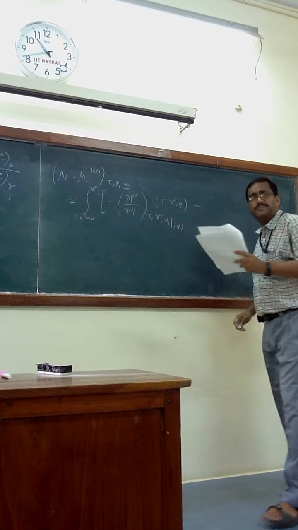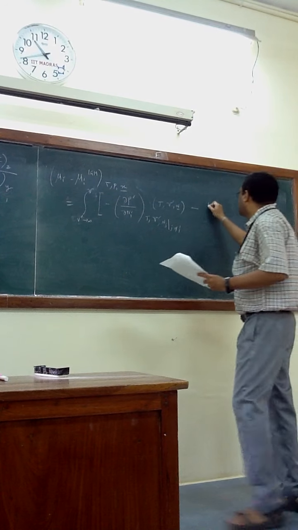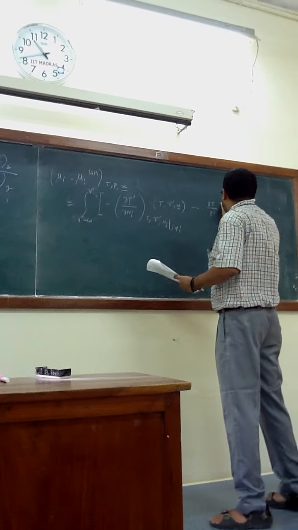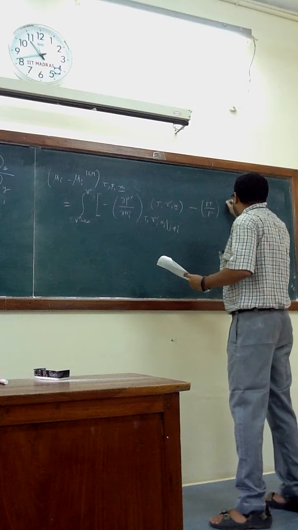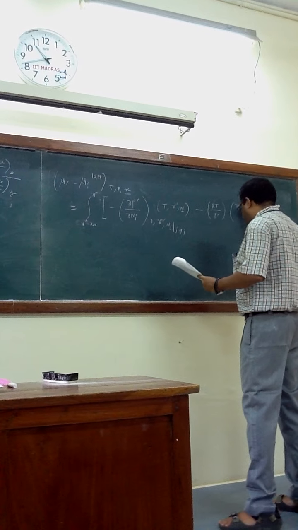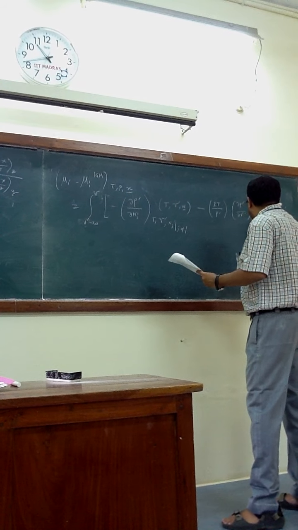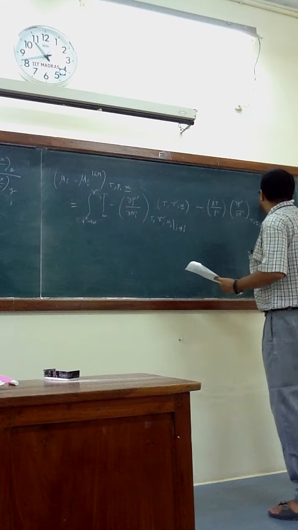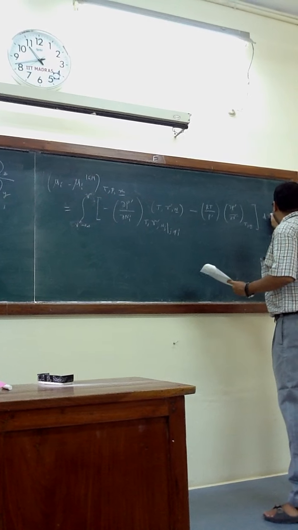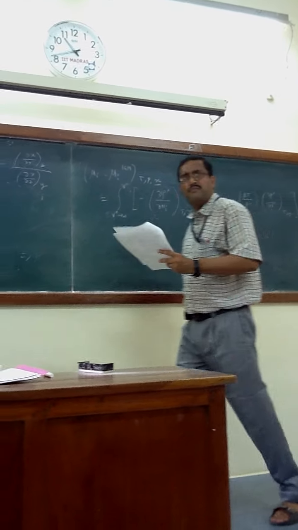Next, RT by P prime, dou P prime by dou V prime as, correct.